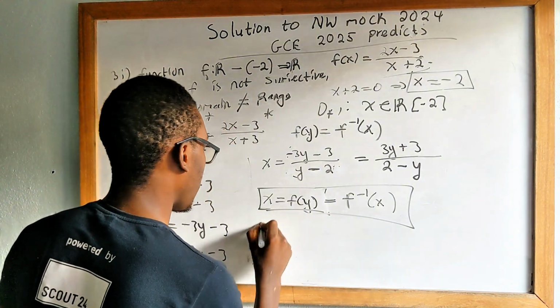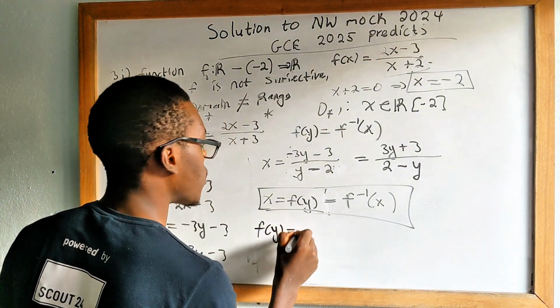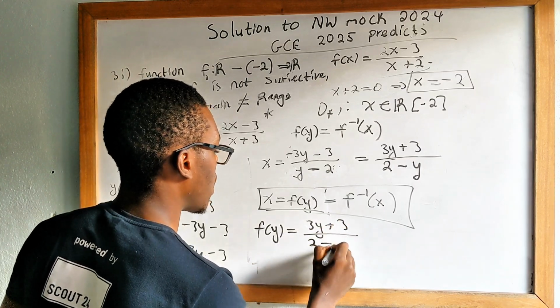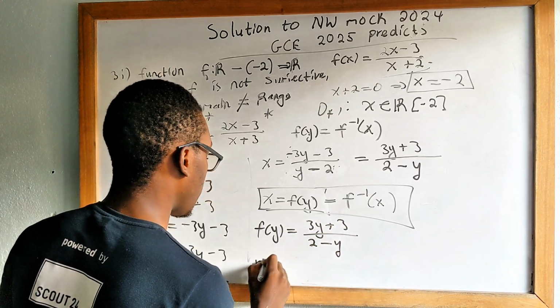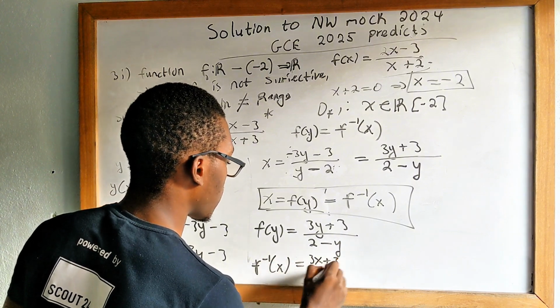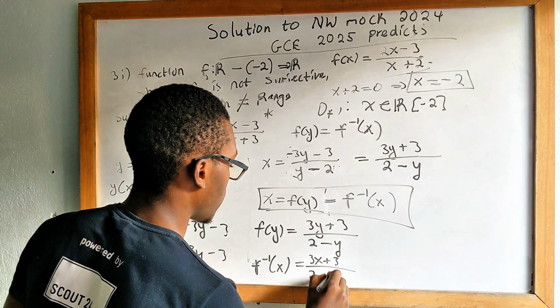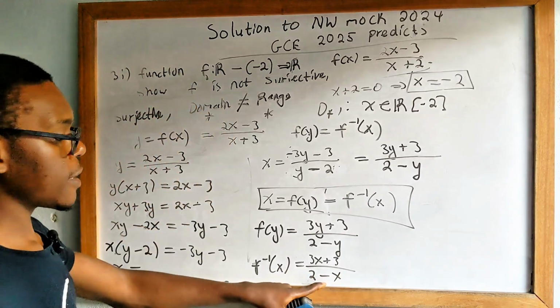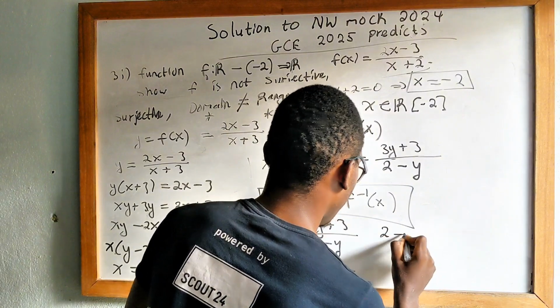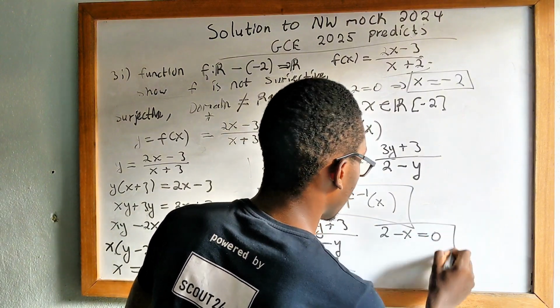F of y is equal to what? 3y plus 3 over 2 minus y. Hence, f inverse of x is equal to 3x plus 3 over 2 minus x. Hence, the range at this point, you have to equate this denominator equals to 0. 2 minus x is equal to 0.